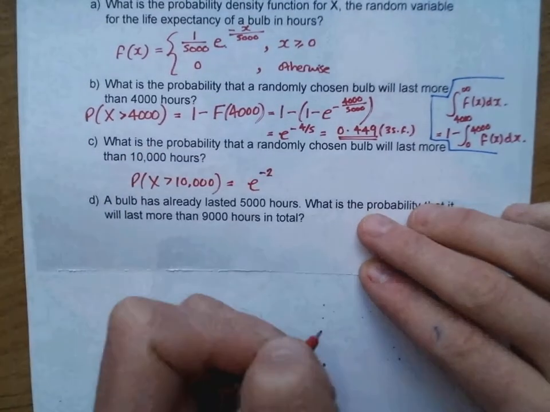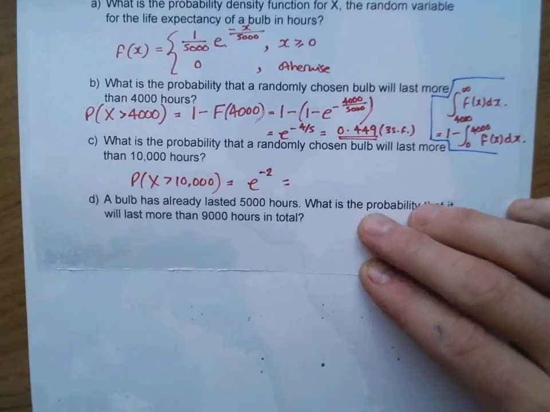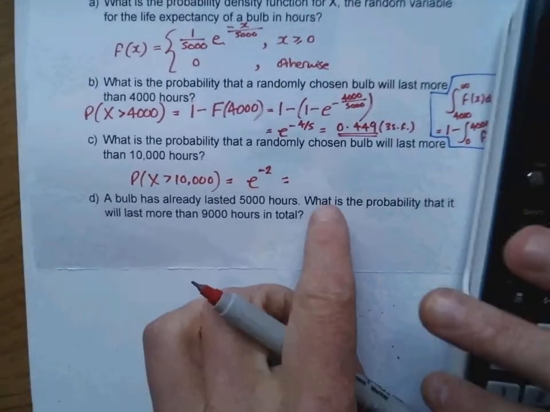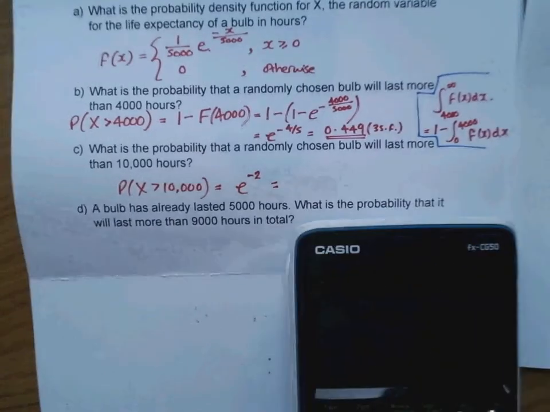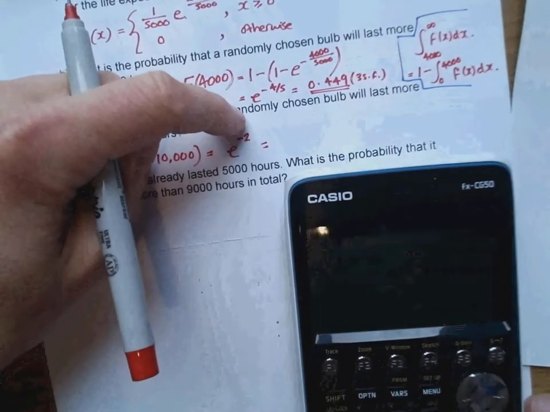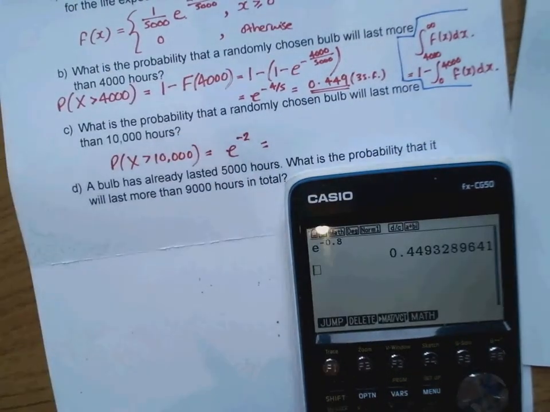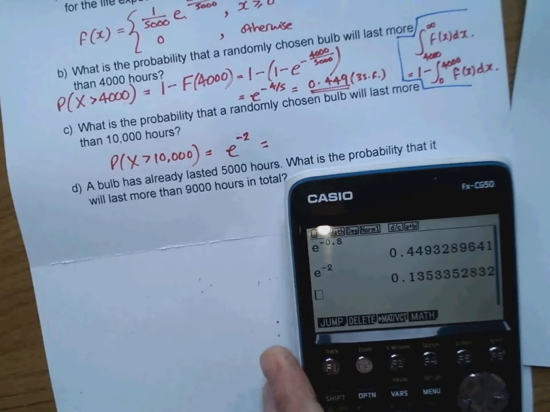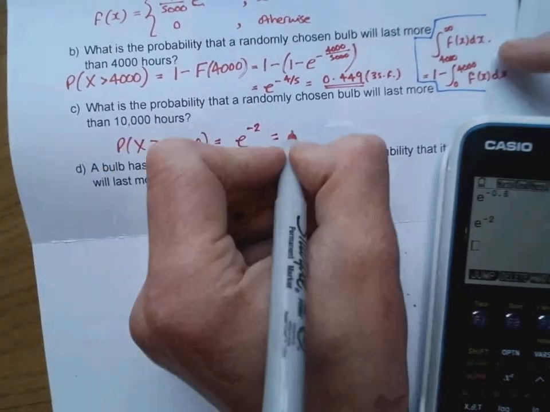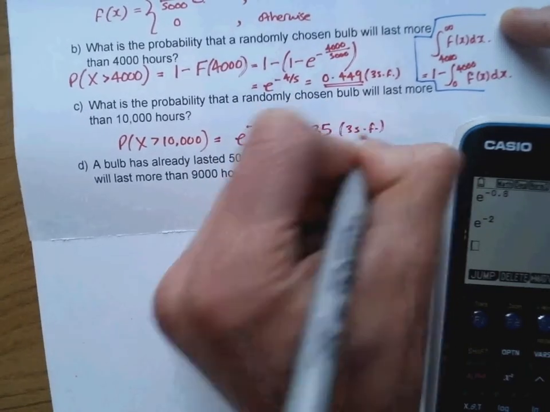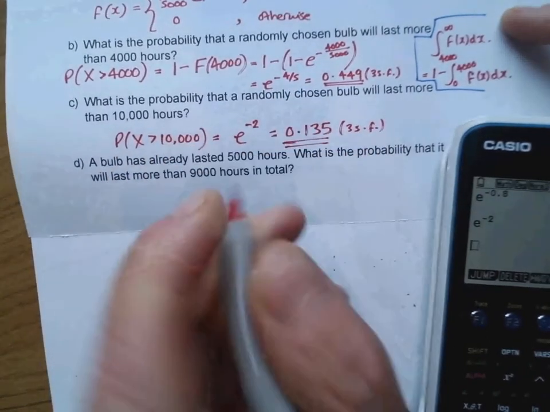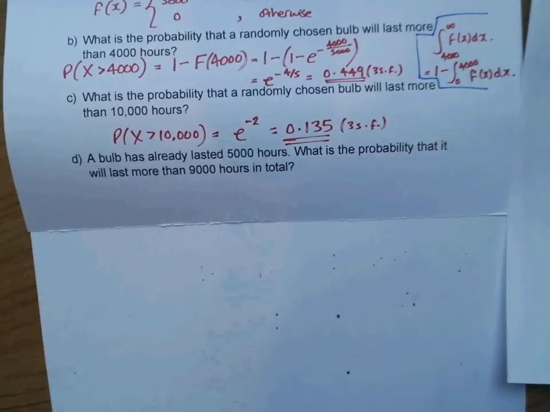So it's going to be e to the negative 10,000 over 5,000, which is negative 10 over 5. And so with any luck, e to the negative 2. If you can have that exponential graph in your head at all times, then you'll instantly know that that's going to be less than the previous one, and indeed it comes out to be 0.135, to 3 significant figures.